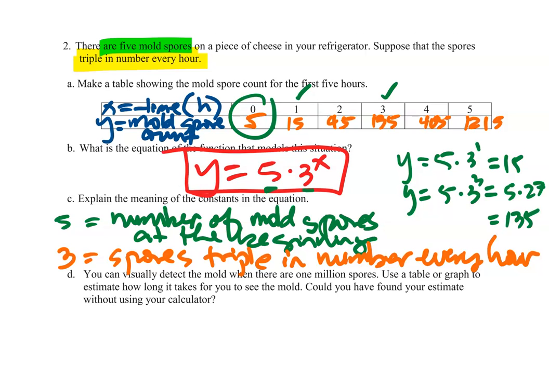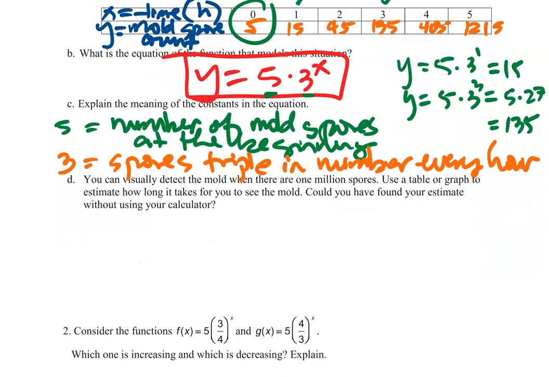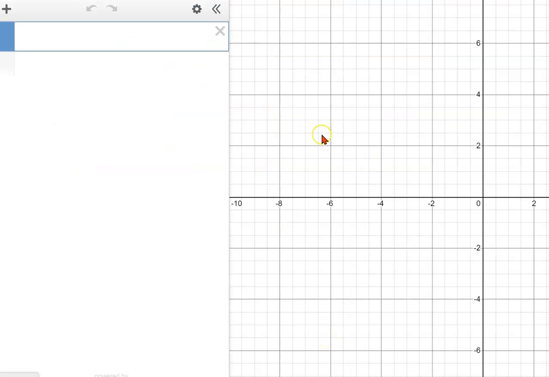Okay. Letter D, you can usually detect the mold when there are 1 million spores. Use a table or graph to estimate how long it takes for you to see the mold. Could you have found your estimate without using your calculator? You can try our Desmos.